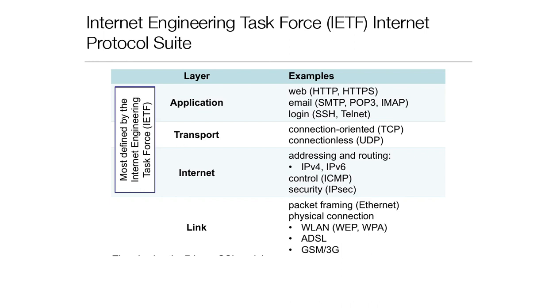It can be connection-oriented TCP or connectionless UDP, and from that layer data is transferred to the internet layer. The transport layer is responsible for creating packets for transmission. And when data is transferred to the internet layer, it is responsible for providing the addresses for the devices.